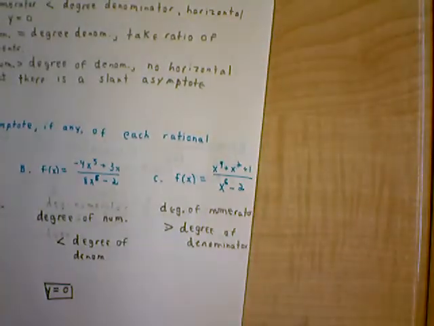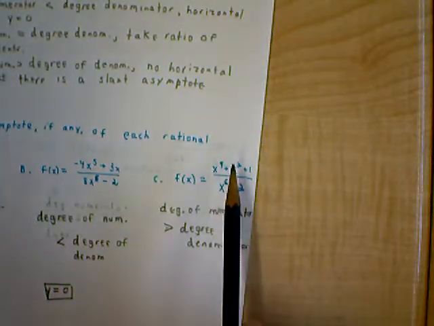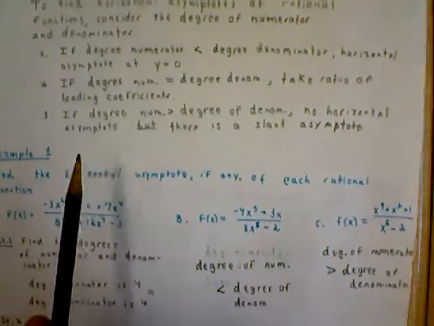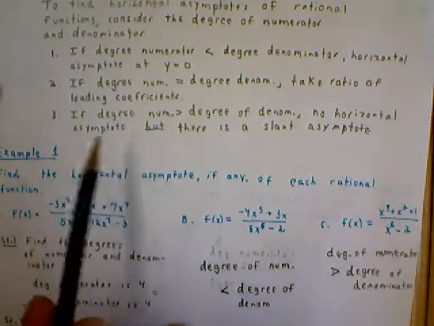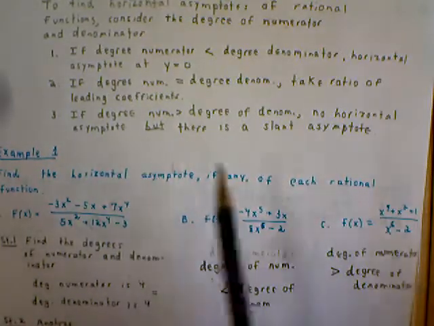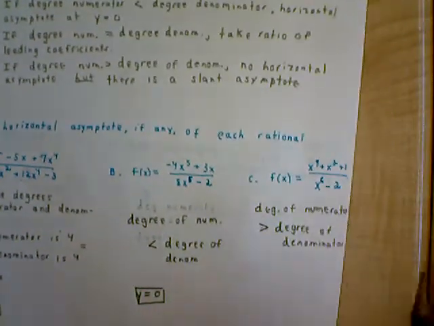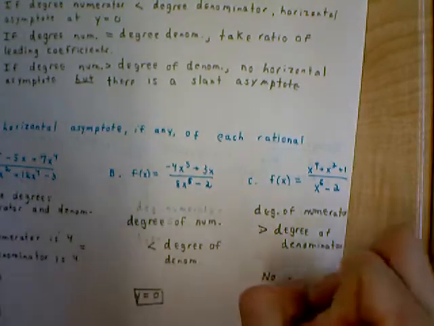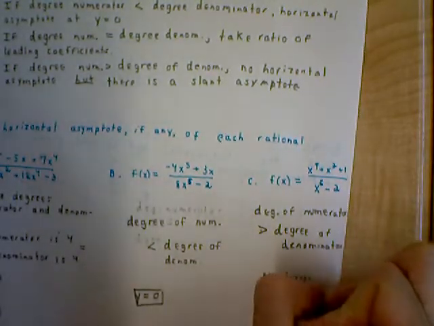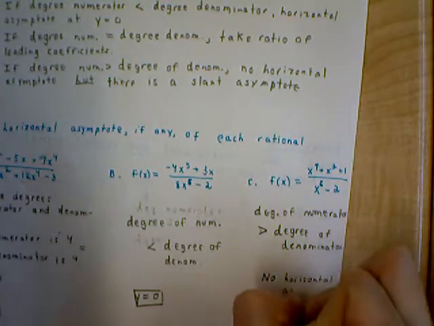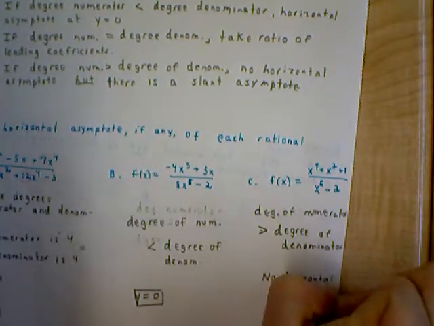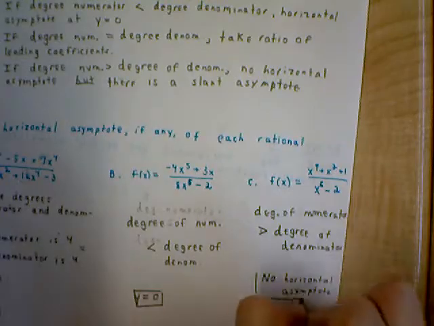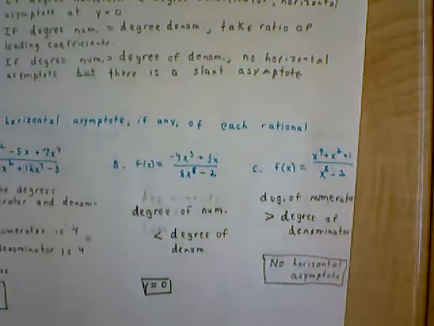All right. So now looking at this, I can say there's no horizontal asymptote. Looking at case 3 up here, there's no horizontal asymptote, but we do have a slant asymptote.